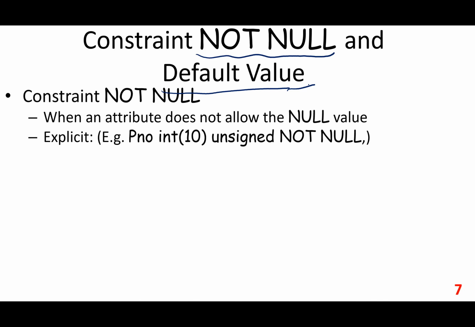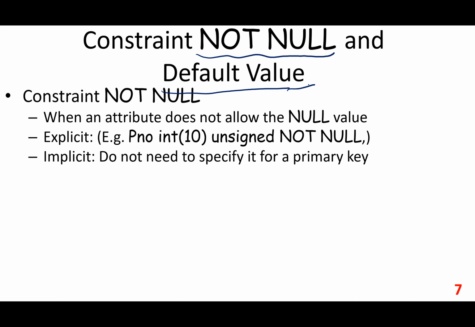For that field, when the data is entered, the DBMS will check the value cannot be null. If it has the null value, the DBMS won't allow it to be inserted. So you have to fix it.